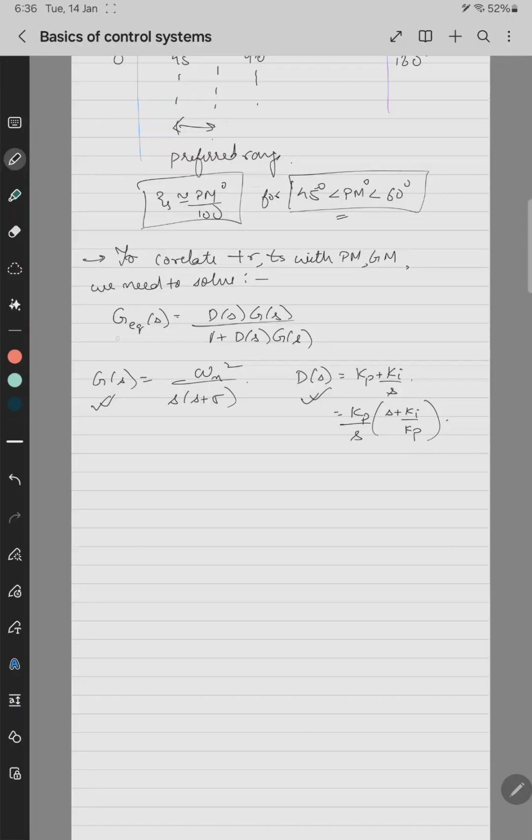Then for this G closed-loop of S, you have to plot the response in time domain, measure its rise time and settling time, and then you can find its correlation with the Kp Ki parameters.